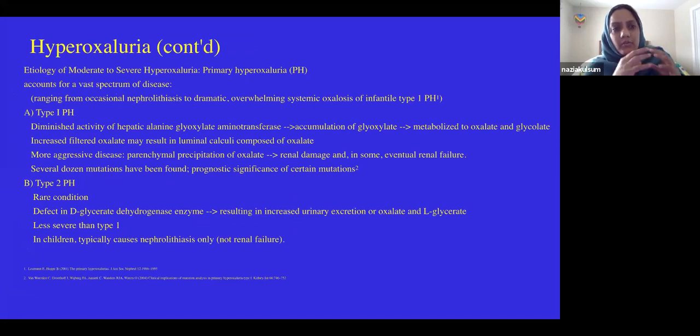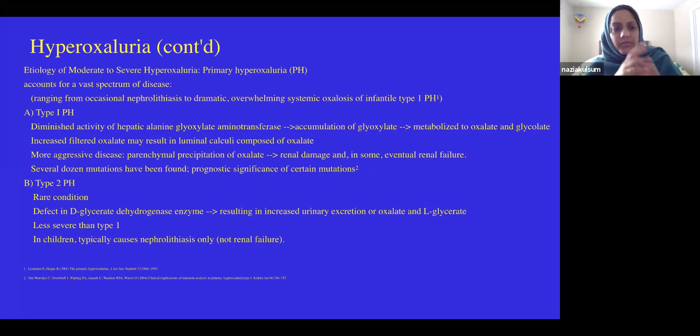If it is, apart from the mild hyperoxaluria, moderate to severe, this is where you start suspecting primary hyperoxaluria. This is a genetic condition wherein you have an enzymatic defect and are producing an excessive amount of oxalate, and there are two types: type 1 or type 2.